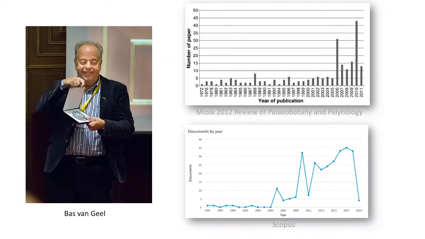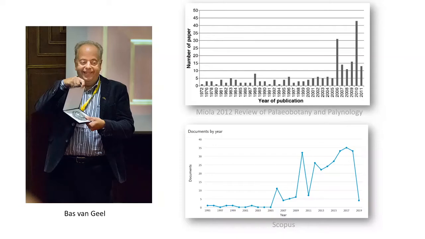And the significance of non-pollen polymorphs is growing, as can also be seen from the Scopus database, where documents related to non-pollen polymorphs increase. So what I did, I just took a glimpse in the Scopus database and searched for the keywords non-pollen polymorphs, and this is what I got.